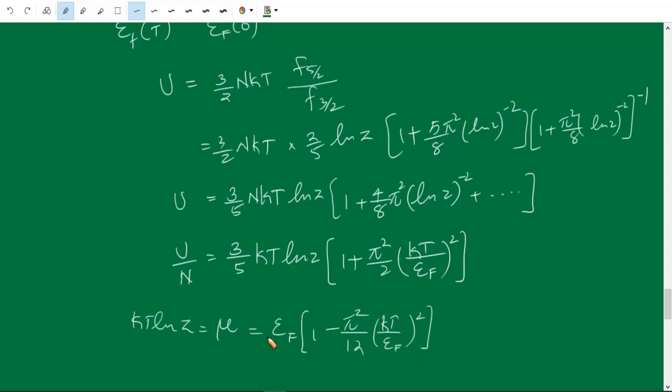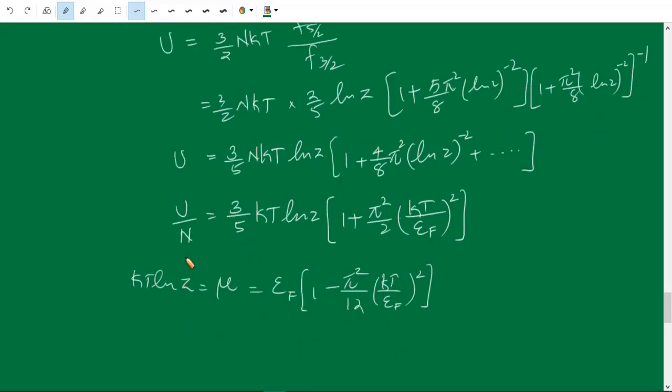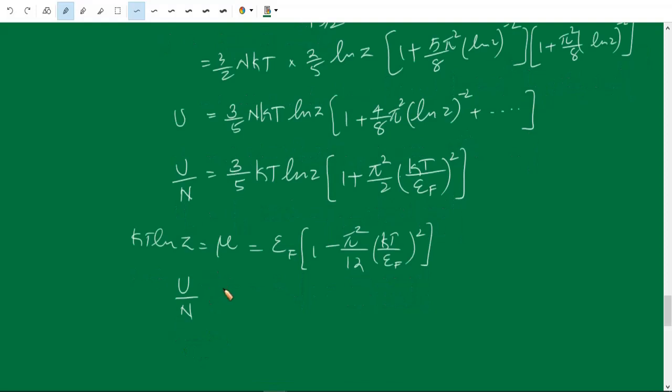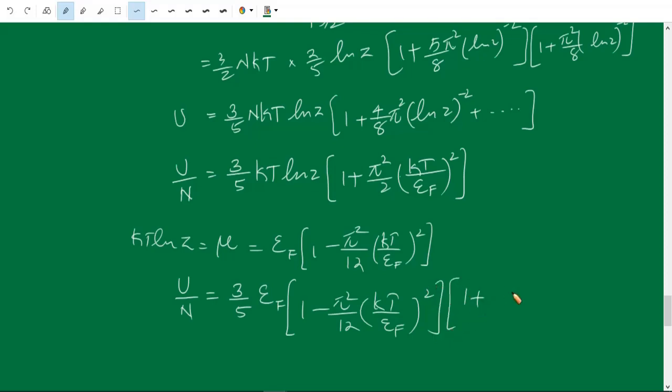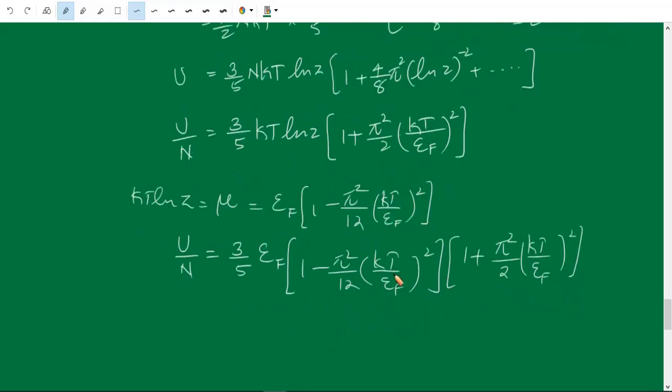Whole square. So substituting this value in the equation, the average energy per particle is equal to 3 divided by 5 EF into 1 minus pi square by 12 into 1 plus pi square by 2. Okay, so to the first approximation, we can neglect the higher order terms.